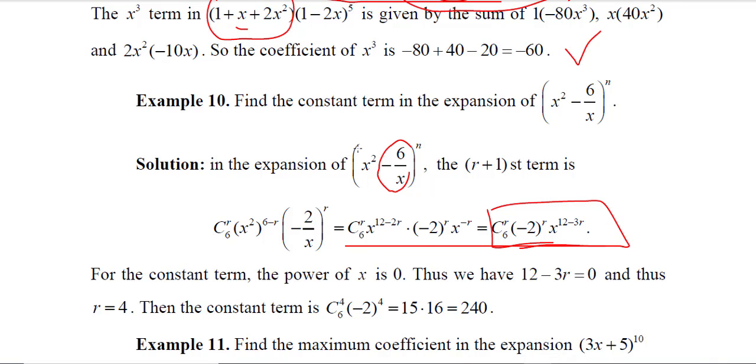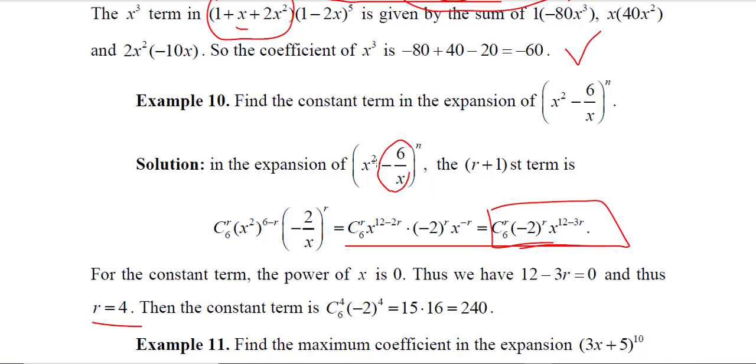Or here we can find it another way. For example, this is x squared, this is x, and they cancel when they have the same powers. If we take the first one, it is just x, so here we get 4.